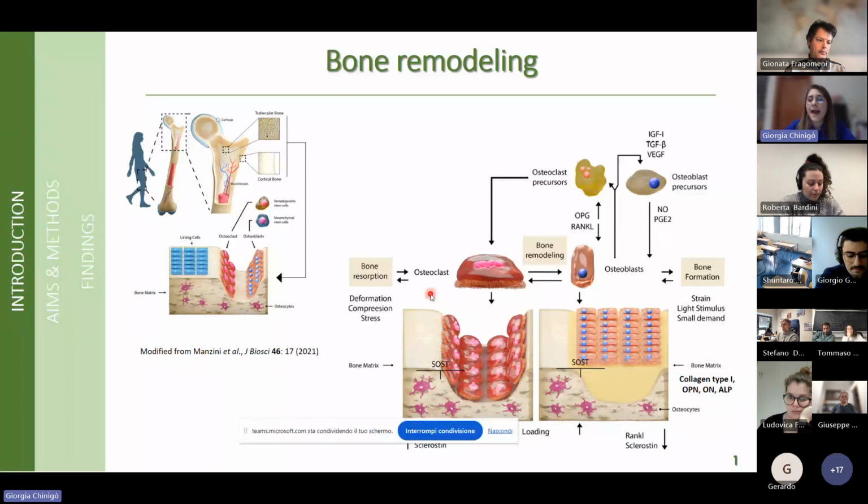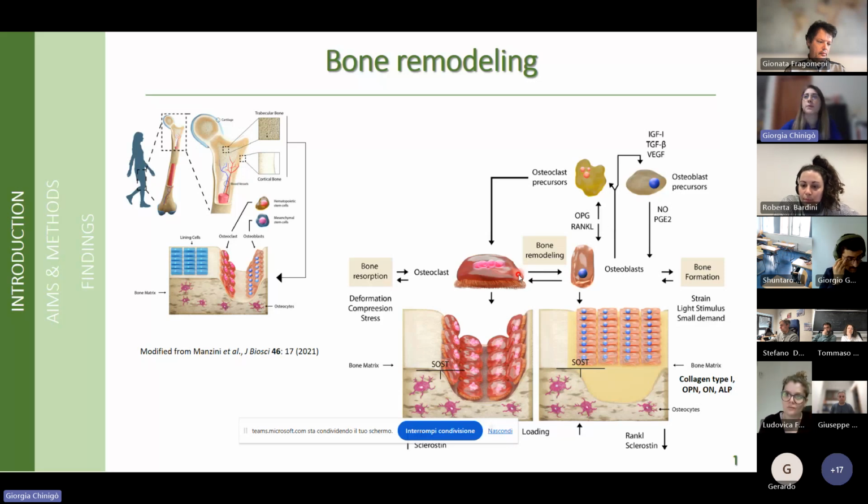So bone health and homeostasis require a fine balance, let's say, between bone resorption and bone formation, the so-called bone remodeling, that plays a central role in bone functionality, also because through bone remodeling, our body continuously restores old damaged bone for daily physical load and aging effects.